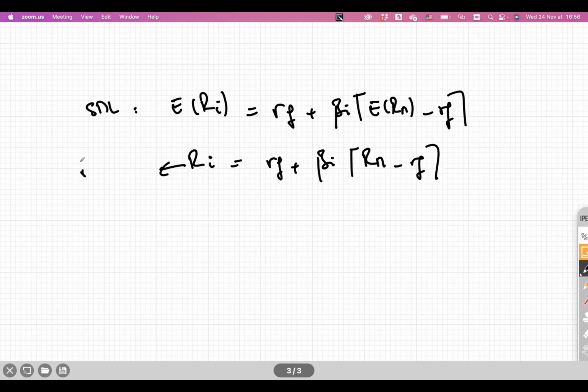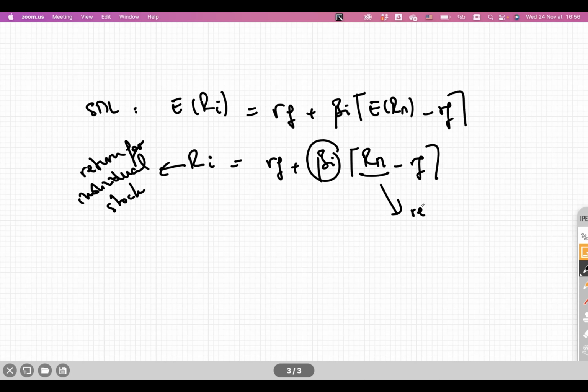RI here is the return for the individual stock. Beta I is the beta for the stock itself. RM is the return of the market portfolio.